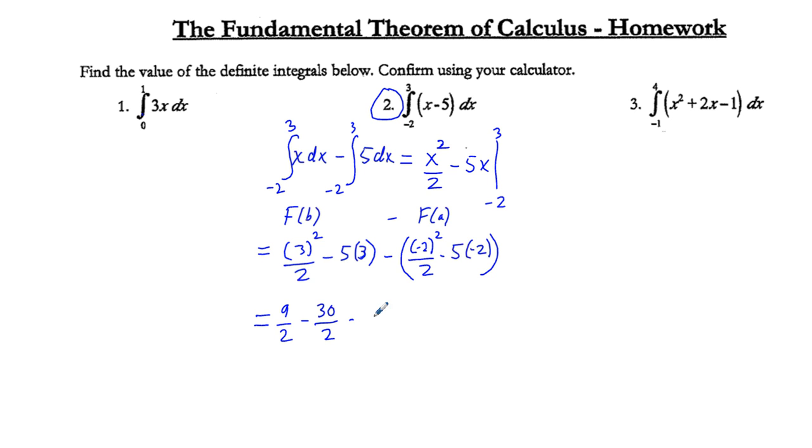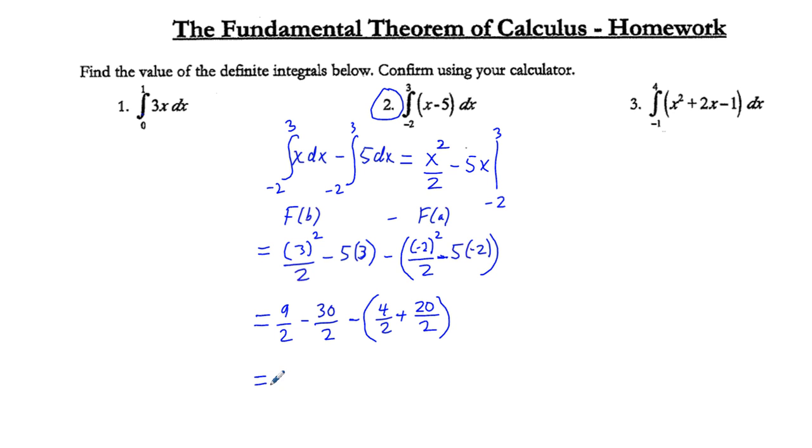Next, we're going to subtract out -2 squared over 2. That's going to be 4 over 2. And then we have minus 5 times -2, which is going to be plus 10. Well, 10 is going to be 20 halves.